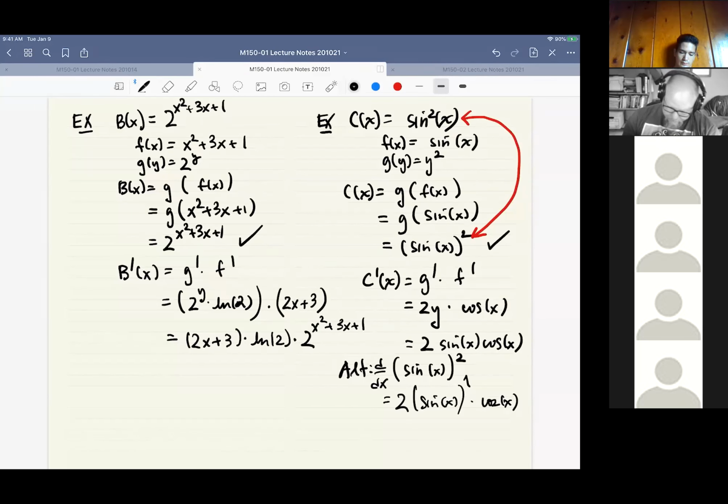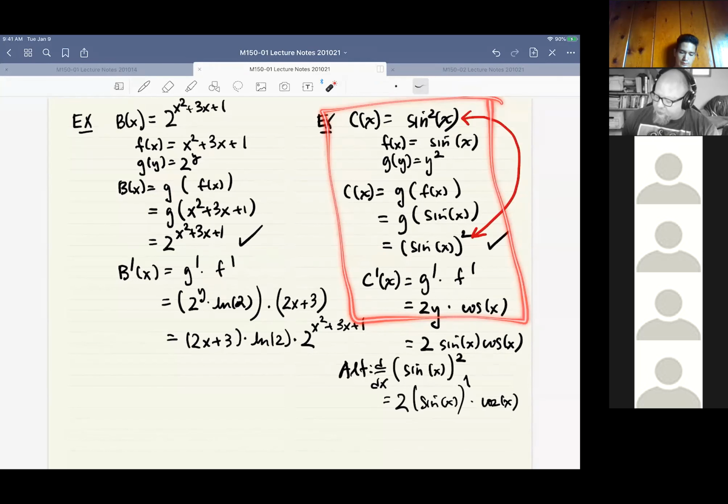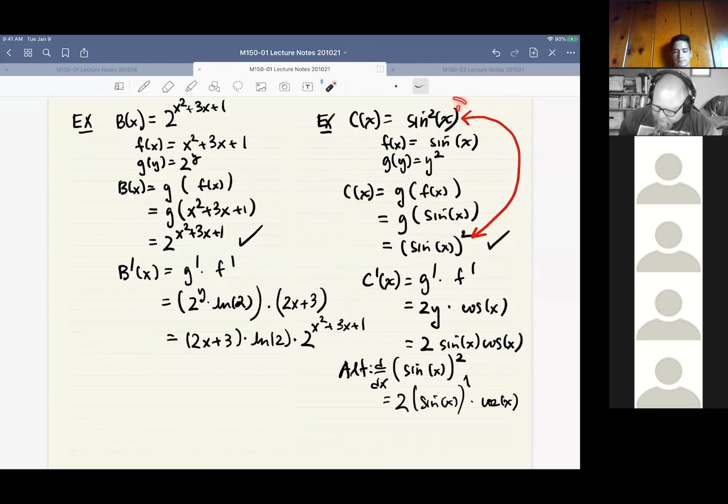Okay. So this is a nice, careful way to do the calculation. But once you get comfortable with this notation for powers of trig functions, you start seeing them in this way, and then you can use the chain rule like you do for monomials.